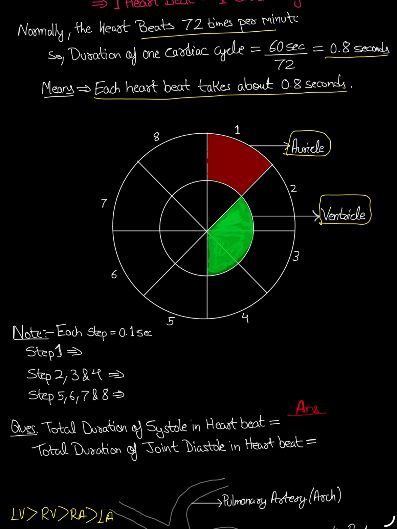This 0.1 second is the auricle systole, then this 0.3 second is the ventricle systole, and all of this is 0.4 second, which is the joint diastole. The color representation is contraction and the uncolored representation is the relaxation phase.